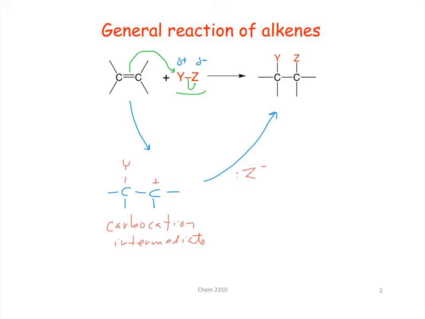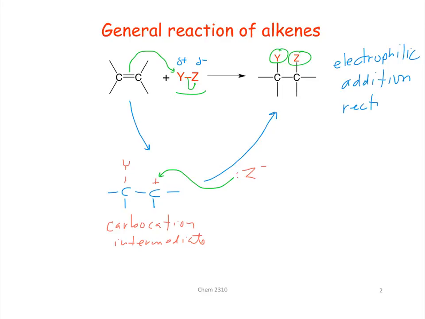Alright, so minus and plus are attracted to each other like we saw before, and by doing this we end up with Y attached to one end and Z attached to the other end. So this is an addition reaction. Right? All we're doing is adding those groups, and specifically it's called an electrophilic addition reaction.